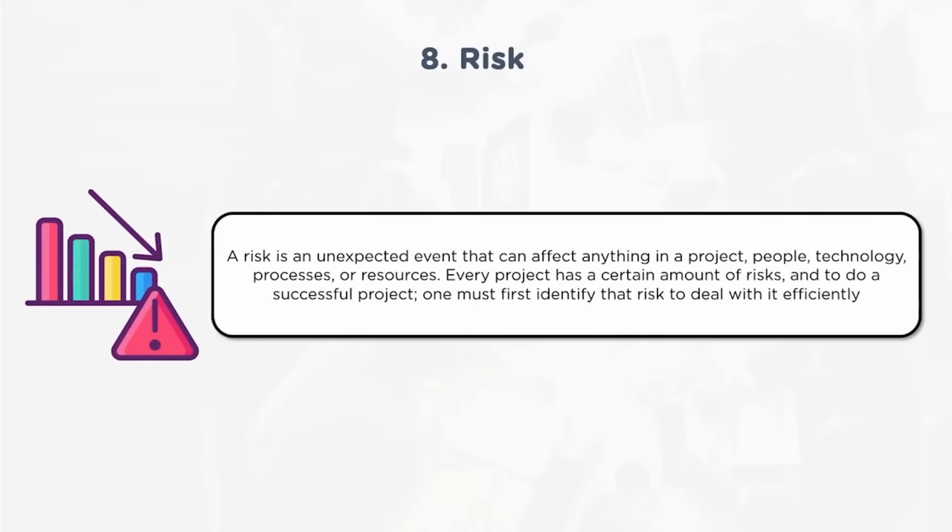So we speak about 10 knowledge areas like integration, scope management, cost management, schedule management, risk management, quality management, communication management, stakeholder management, procurement management, resource management. In each of these knowledge areas, we have processes when it comes to planning.